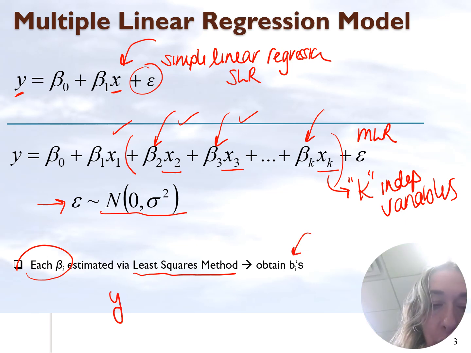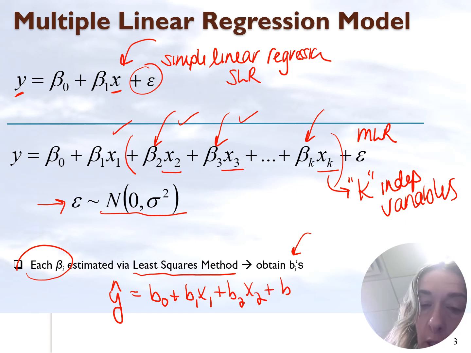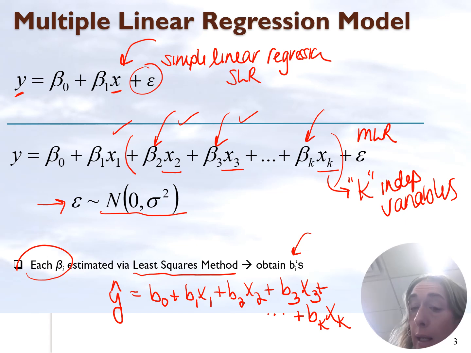And of course, we know that the b's are used to come up with the fitted model, depending on how many k independent variables you have in your model.